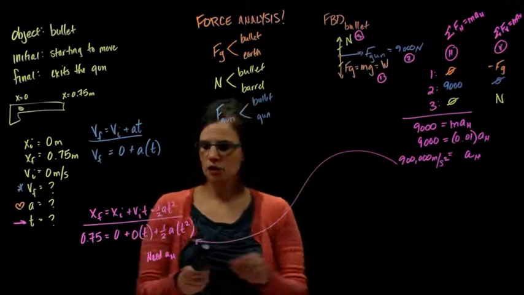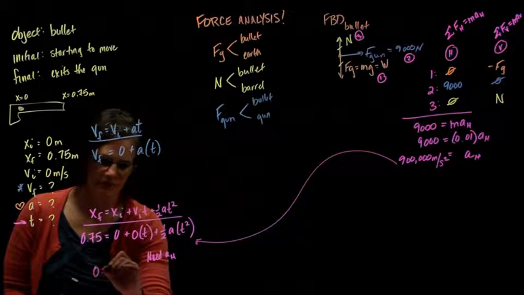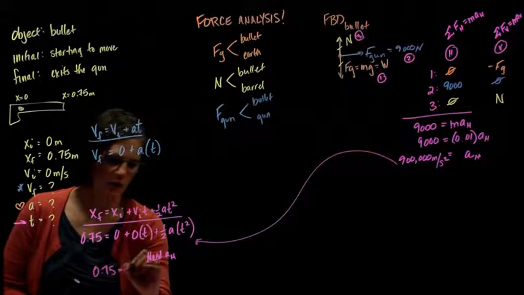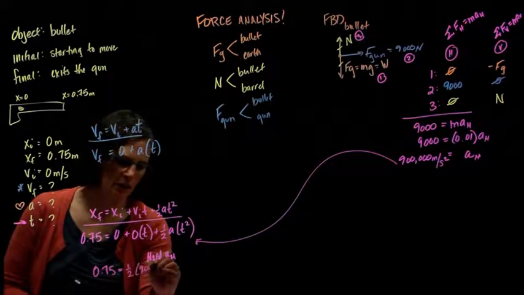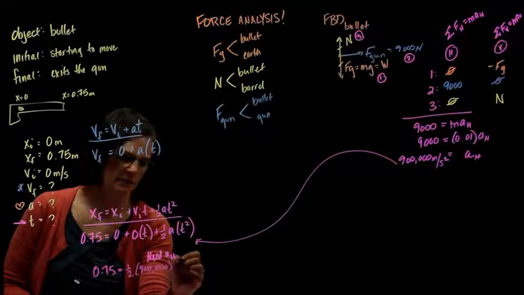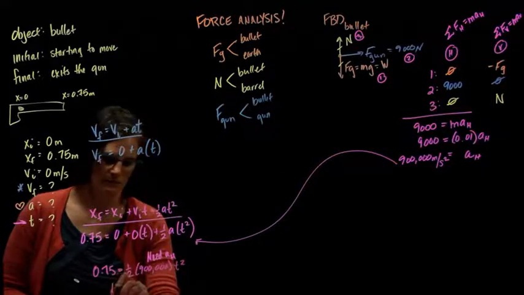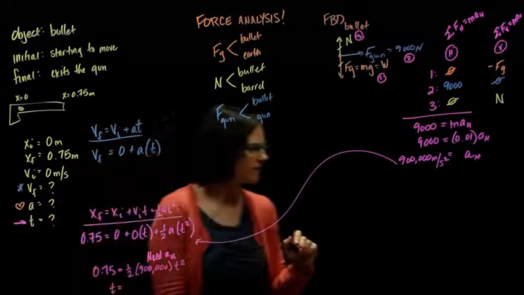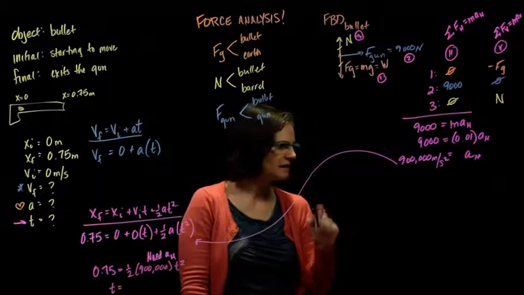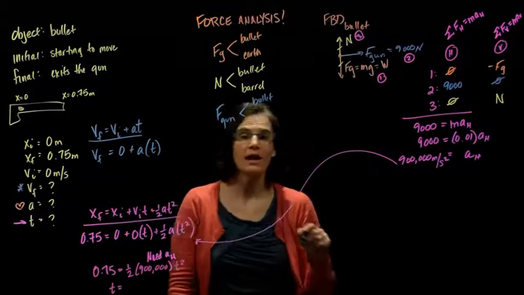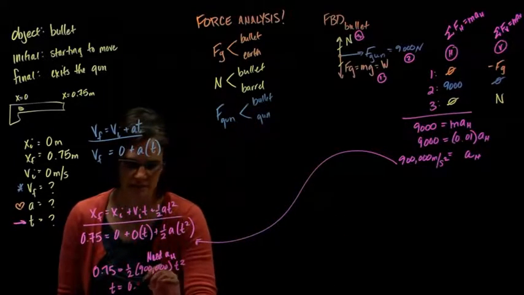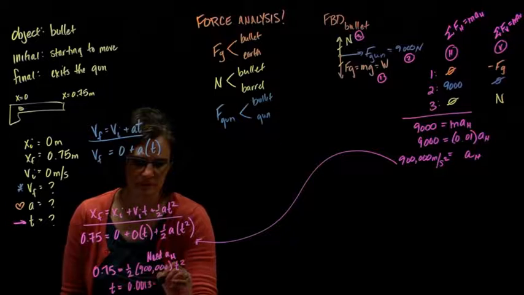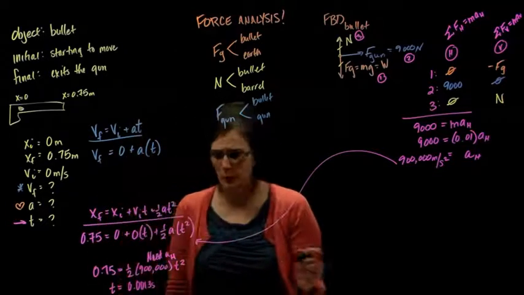All right, so I have 0.75 is equal to 1/2 times 900,000 times time squared. And when I solve for time, I find that that time is 0.0013 seconds. Bullets get out of guns pretty fast.